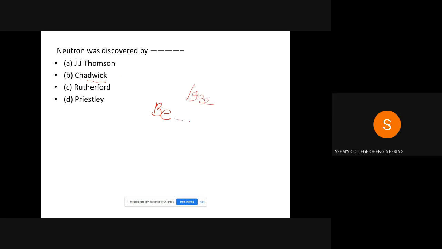Beryllium was bombarded with alpha particles, and there was a formation of neutrons, which are chargeless particles. It was discovered by Chadwick in 1932.